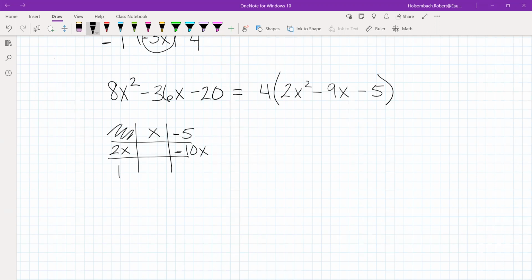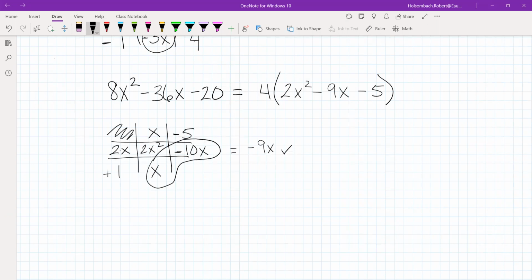Since our end term is negative 5, and one of our factors is already negative, the other factor has to be positive. So 1 times x is x. 2x times x is our 2x squared. Our x plus negative 10x equals negative 9x.